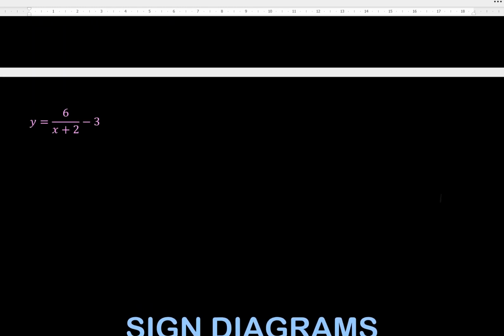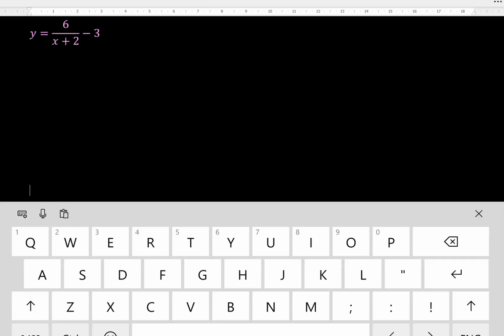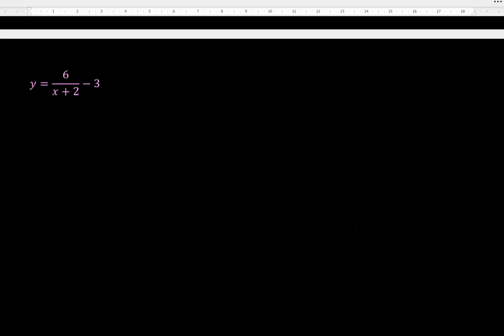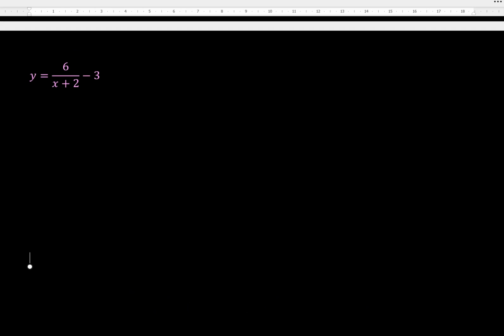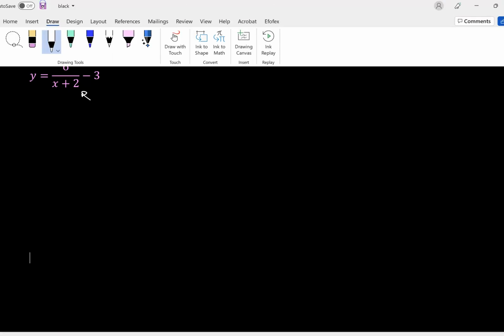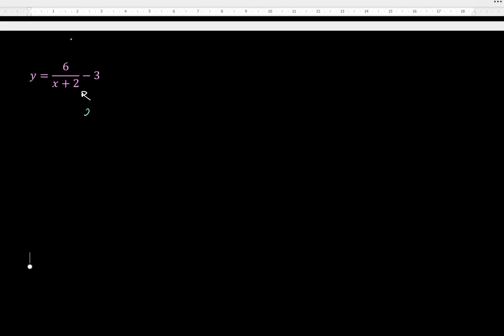All right, now we've got a rational function here. And we should know a couple of things about this already. For starters, when we look at the denominator, we know that x cannot be minus 2, because if it was minus 2, then we're dividing by 0, and that doesn't happen. So we should know that we actually have a vertical asymptote at x equals minus 2.